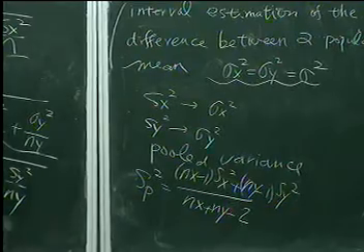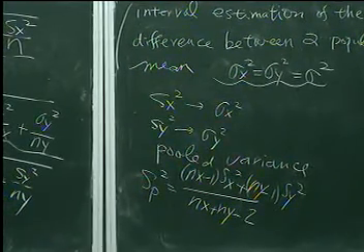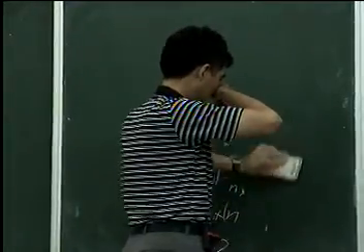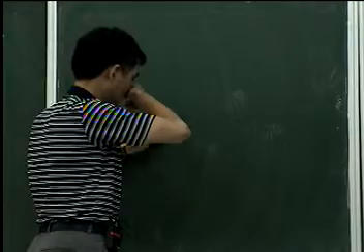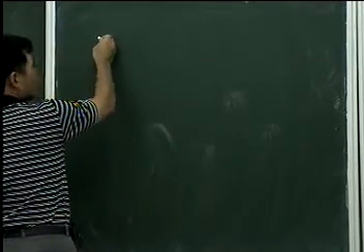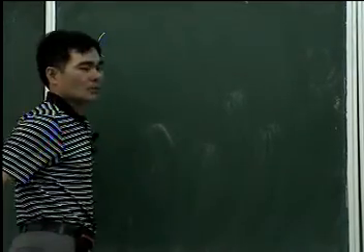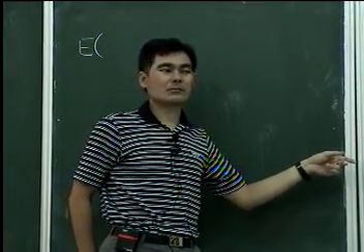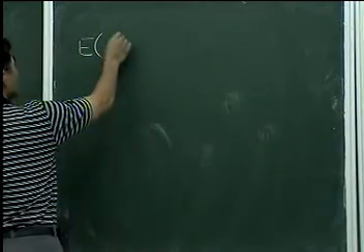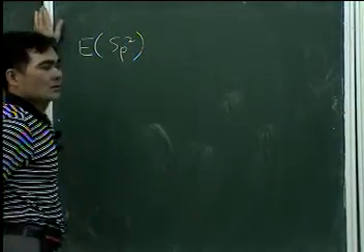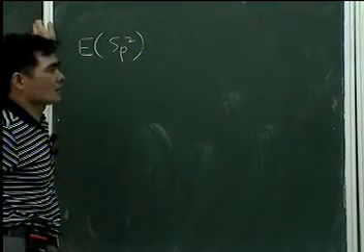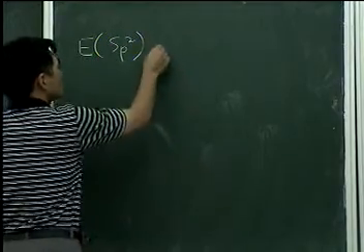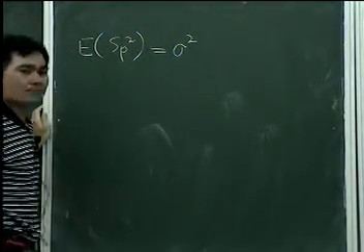So let us try this. We want to show Sp squared is the unbiased estimator for sigma squared. Because if it is an unbiased estimator for sigma squared, then the expectation of Sp squared should be equal to sigma squared, right?